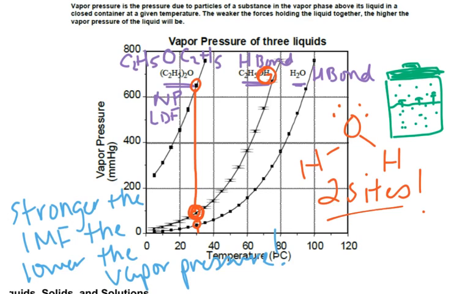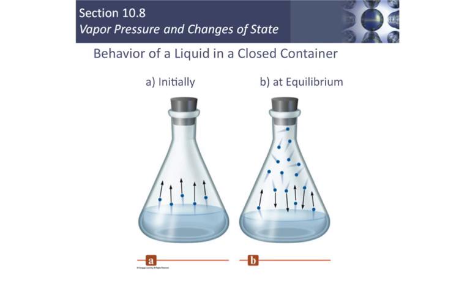Alright, so let's look at this here. If I were to take some water and throw it in a closed container, I'm using water, but it could be any liquid. Water is the most common example. Initially, all I have is liquid water in here, right? There's no gas.